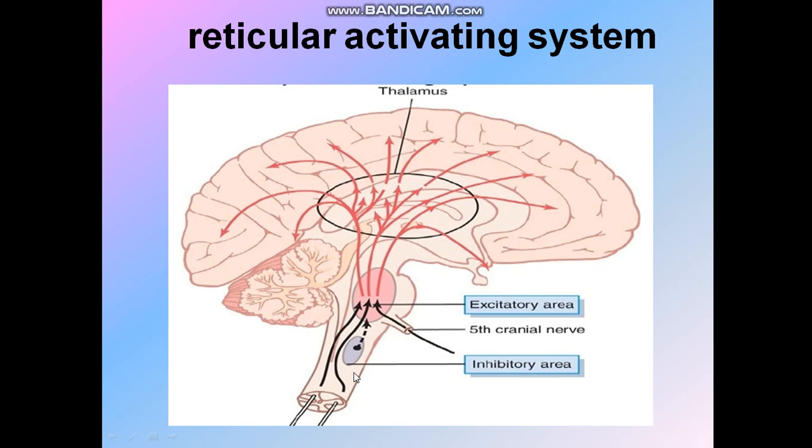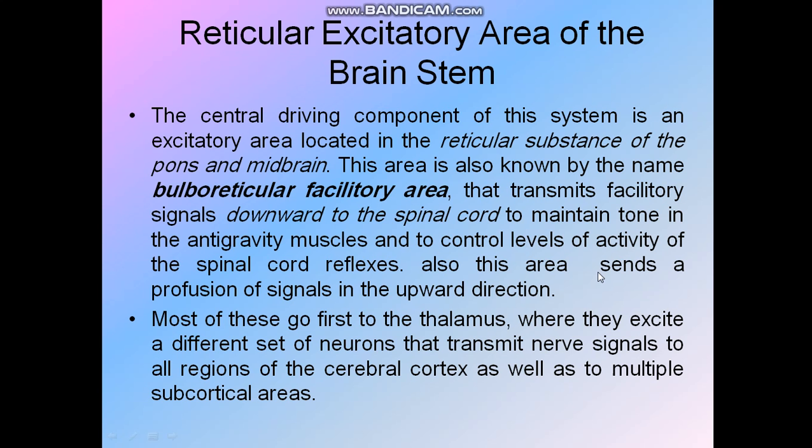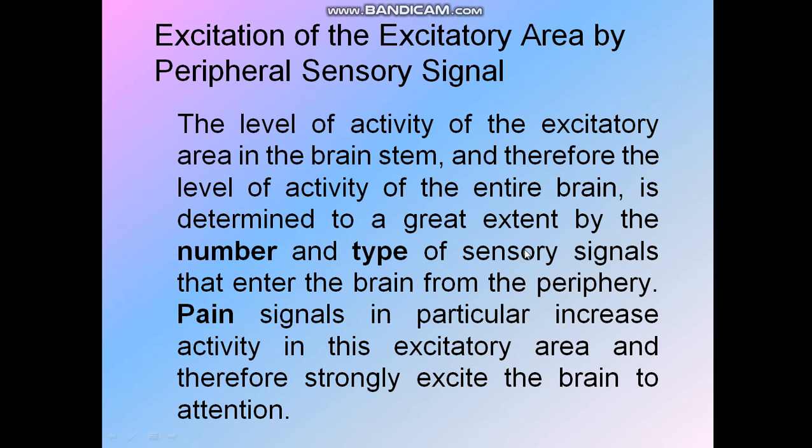And we take from the motor system lectures that there is the lateral reticulospinal tract, mainly with the medullary reticular formation, and its role is an inhibitory one, while the ventral reticulospinal tract originates from the excitatory area, and it promotes an excitatory or facilitatory role to the cortex. The level of activity of the excitatory area in the brainstem depends on the number and type of sensory signals.